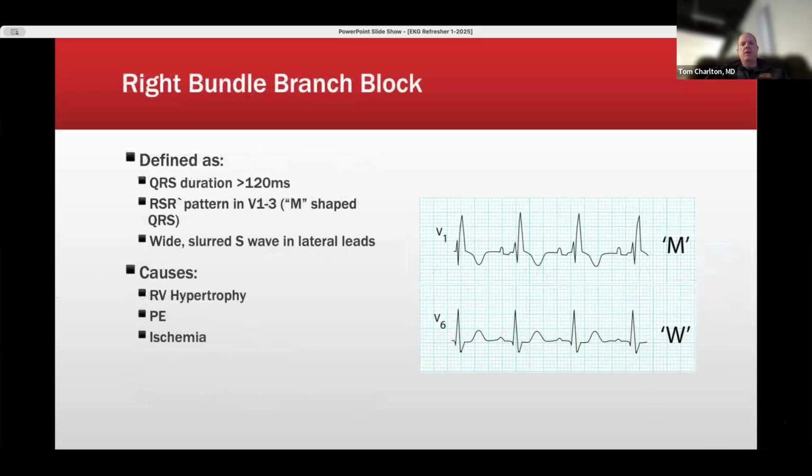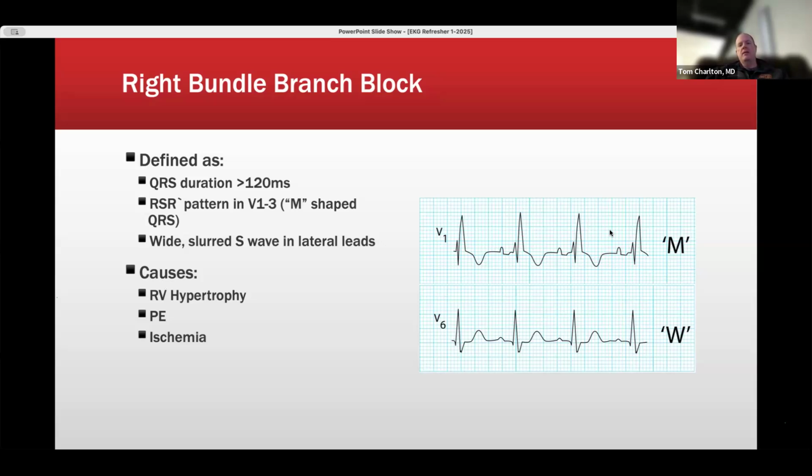All right, right bundle branch block. With the right bundle branch block, we have the right-sided Purkinje fibers that are not passing the electricity down as efficiently as, say, the left side is. So our QRS duration gets a little bit longer. We get this RSR prime pattern in V1 through V3.